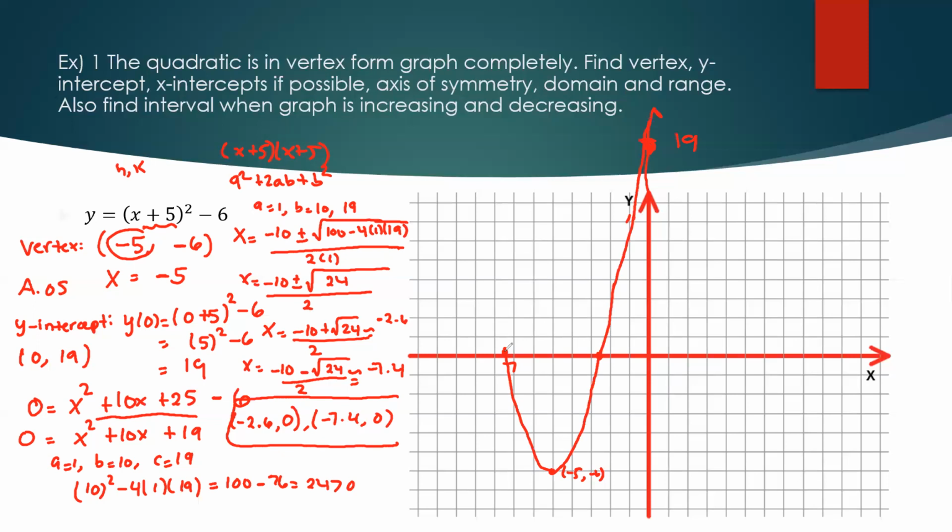Okay, there's your graph. And then one more thing. If you want to draw the axis of symmetry, it is x equals negative 5. It's going to look like a dashed vertical line at x equals negative 5.